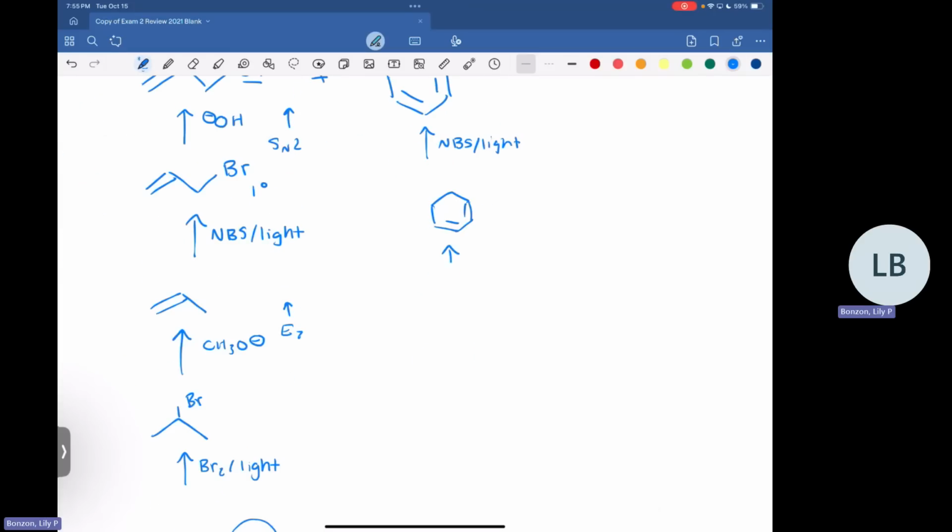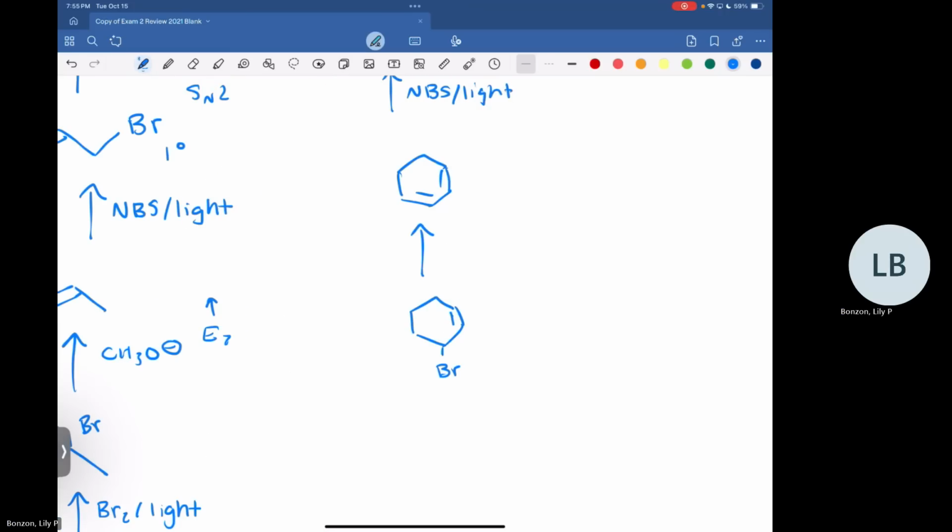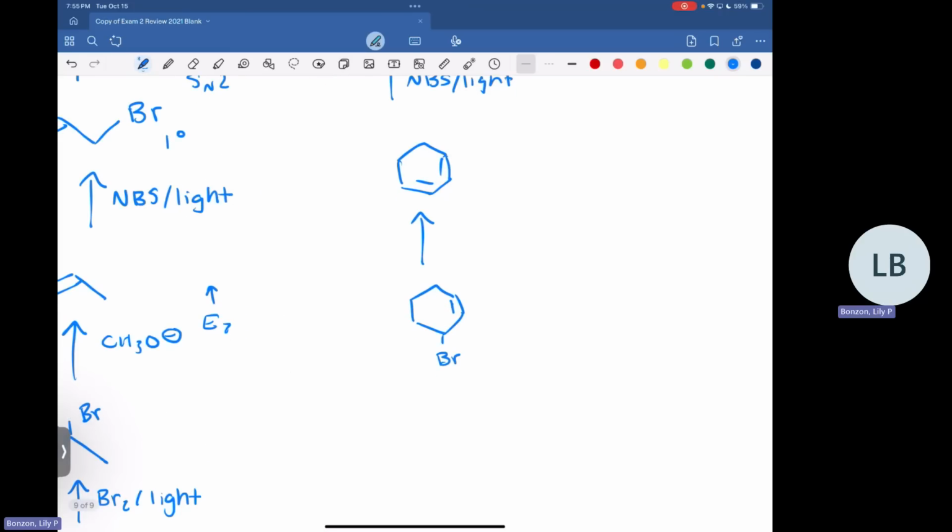So to form a double bond, we need to do an elimination reaction. So our starting material is going to be a halide. And then for our base, again, I'm just going to do like CH3O minus, strong base to do E2.